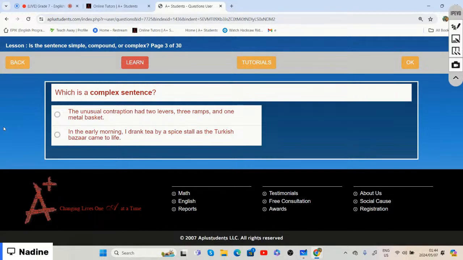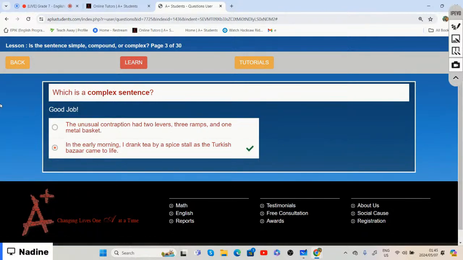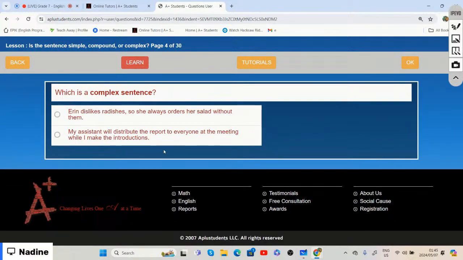Is it the unusual contraption had two levers, three gears, and one metal basket, or in the early morning, I drank my tea by a spice stall as the Turkish bazaar came to life? We need to select our complex sentence.